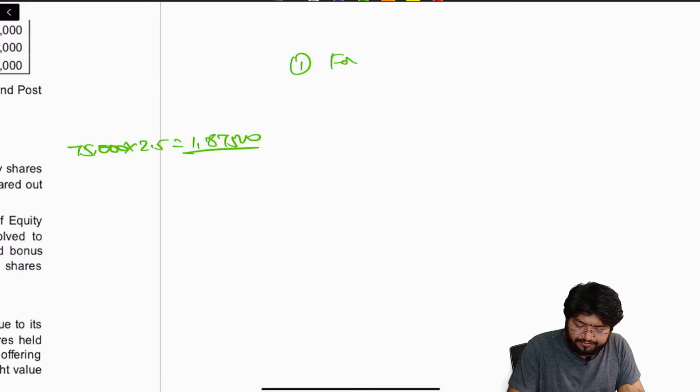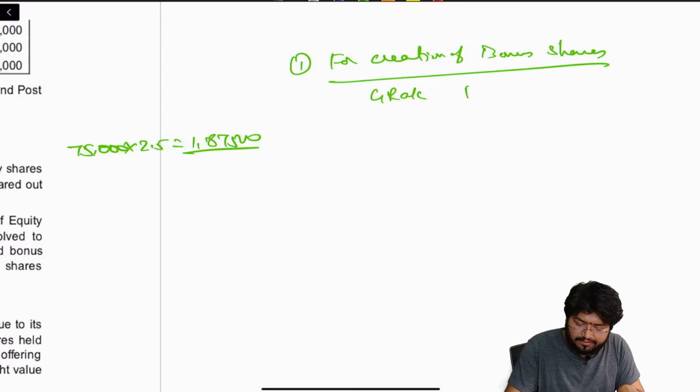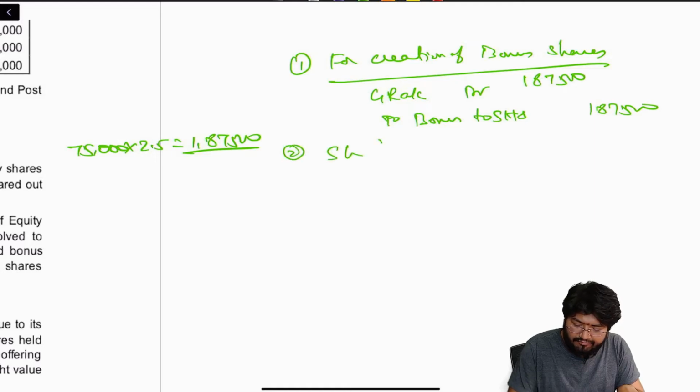For creation of bonus shares, general reserve account debit, bonus to shareholders, 1,87,500. Number 2, share final call.